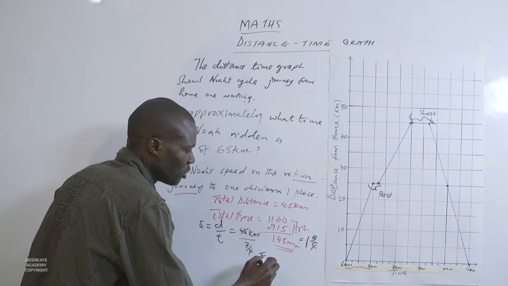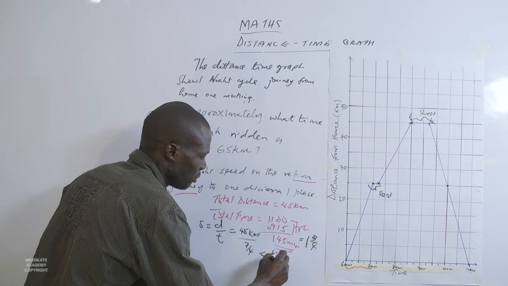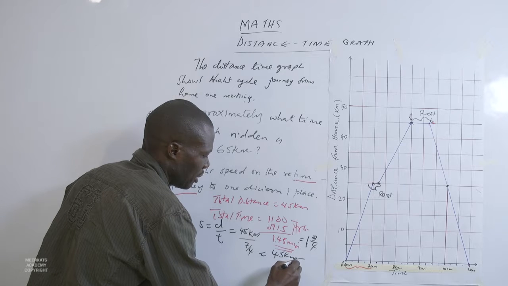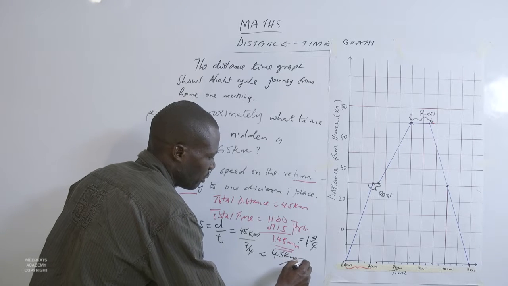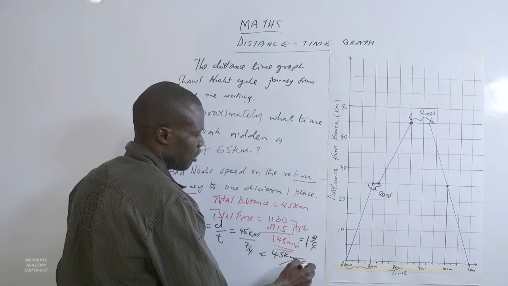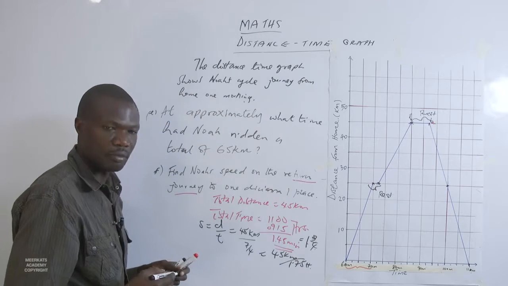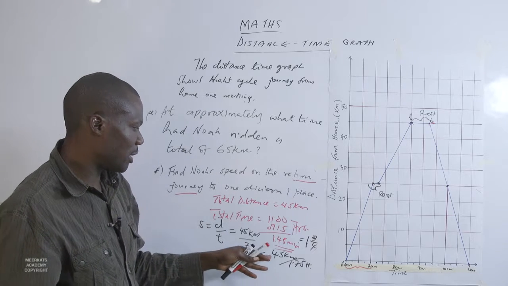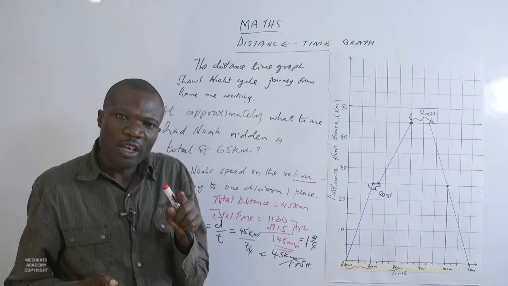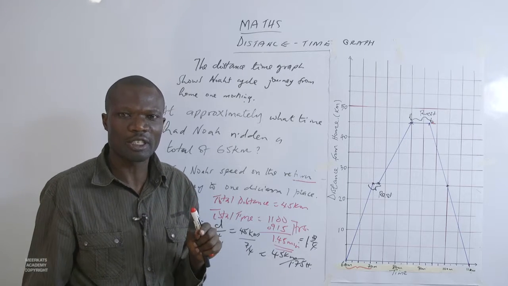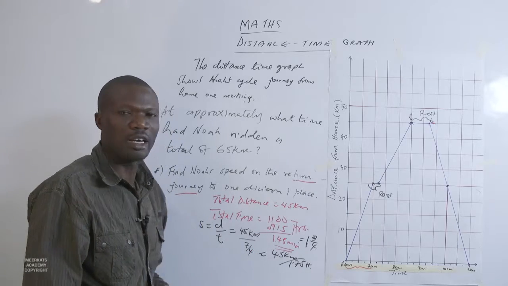Or alternatively, you can use a calculator and get 45 kilometers divided by 1.75 hours. So let us look at a calculator and remember, give our answer correct to 1 decimal place. Let us use a calculator and divide this.